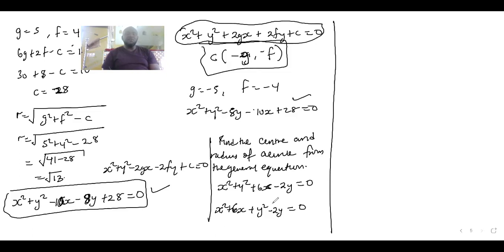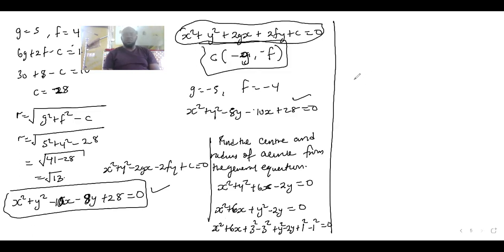Then we need your knowledge of completing squares: x squared plus 6x plus half the 6, square it, you get 3 squared, subtract by itself, plus y squared minus 2y plus half this, you get 1 squared minus 1 squared is equal to 0.